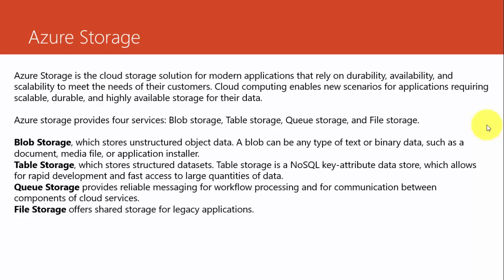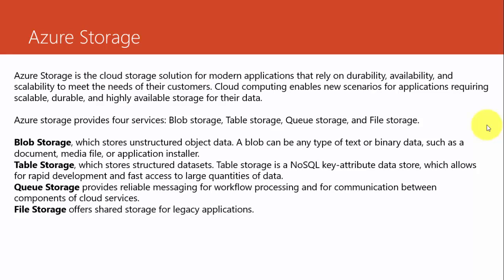So what is blob storage? Within blob storage we store unstructured data. It could be a text file, a binary format file, a document, audio, or video, any kind of file which we call an unstructured object. The other one is table storage.